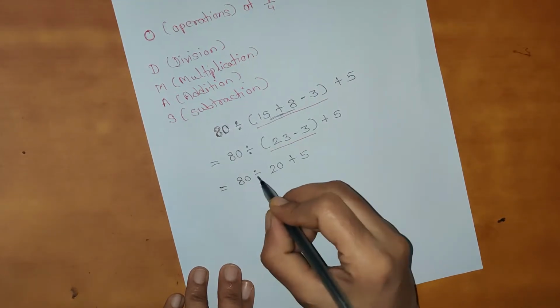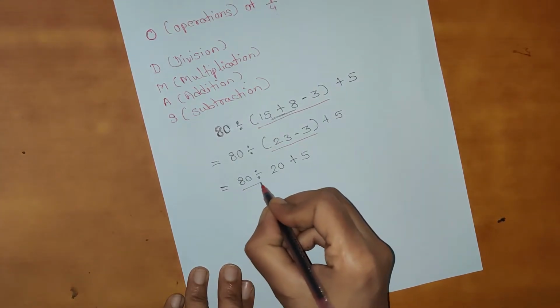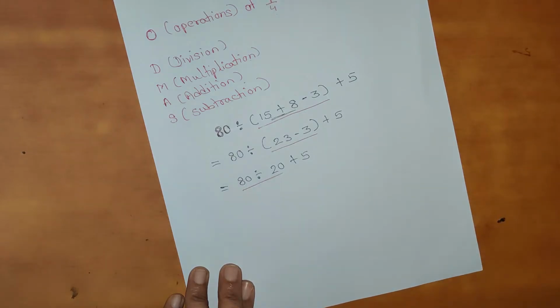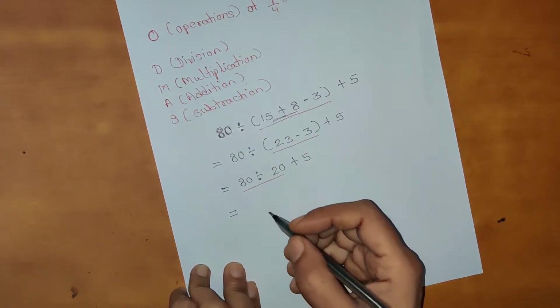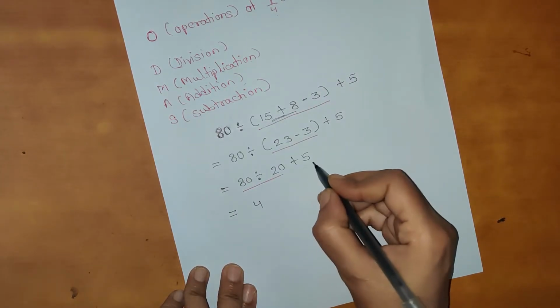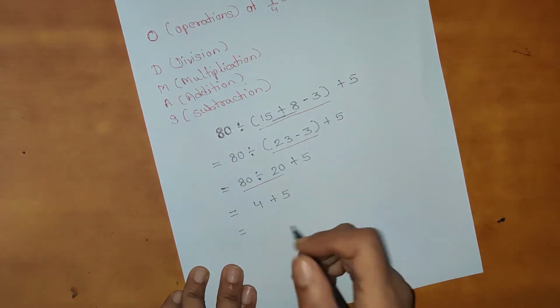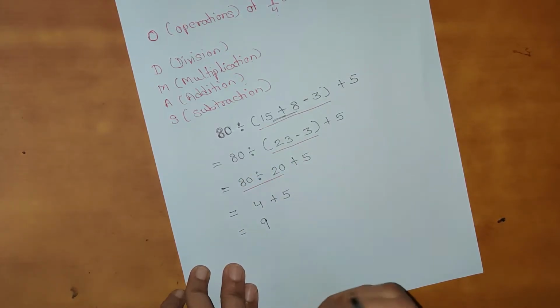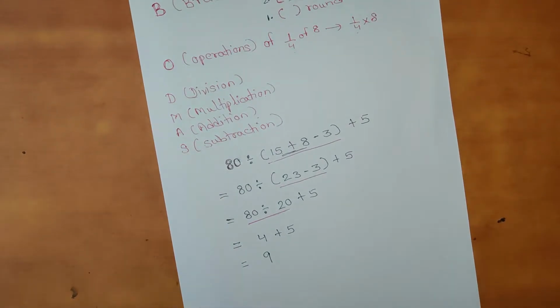Then plus 5. Now division and plus are given, so we will solve the division first. 80 divided by 20, what will you get? 4, and plus 5. So the answer is 9. Now we will solve practice set 25.